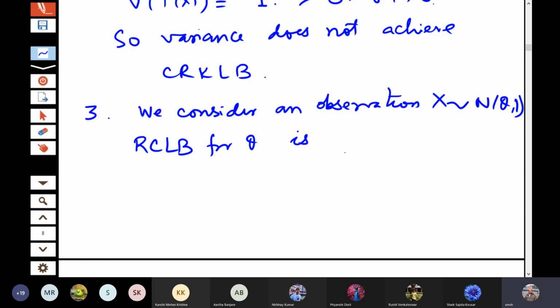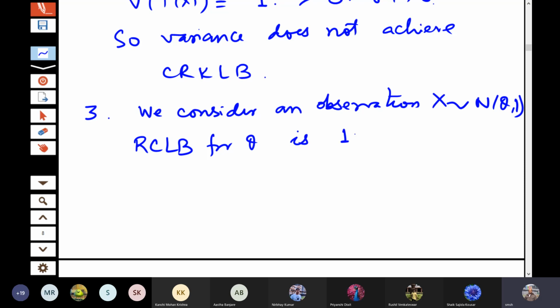Because this we have done earlier. What was the CRLB for this problem? So 1 by n, but here n is 1, so this is simply 1.